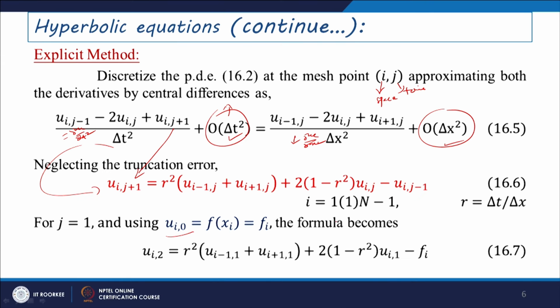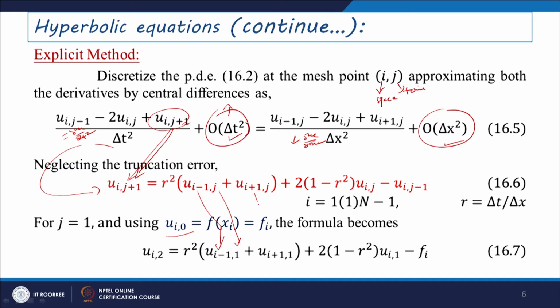And if we use this in the formula, then for j equals 1 we can write u_i, j+1. So, that gives u_i2 here. So r², with i as i, so u_i-1,j with j equal to 1 here.